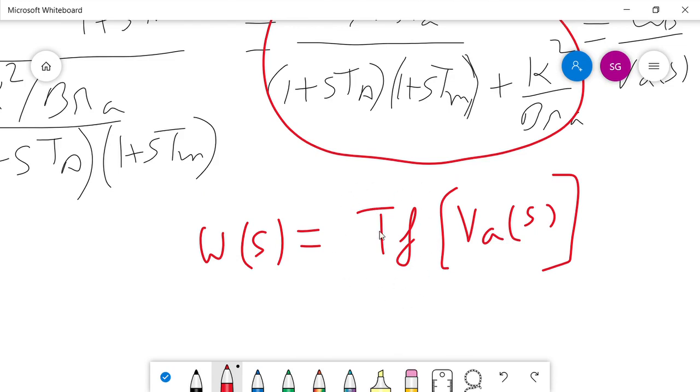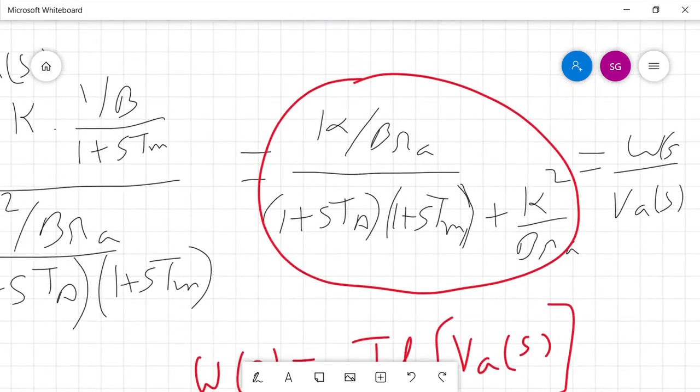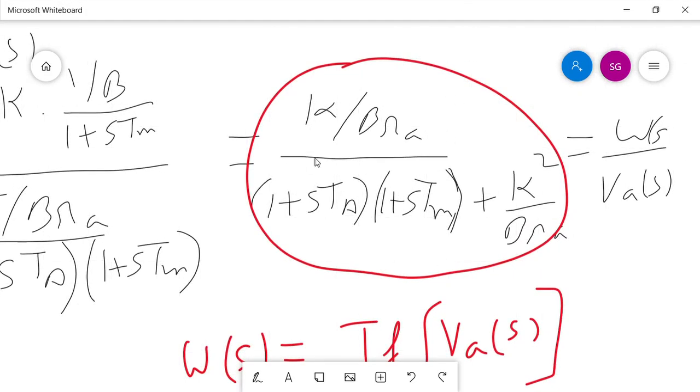Okay, so this TF is multiplied to this VAS, and what is this TF? This is K upon BRA, 1 plus STA into 1 plus STM, plus this constant. This value K is constant, B is constant, RA is constant. Now just see these two things are multiplied: 1 plus STA and 1 plus STM. TA is in the millisecond range and TM is in the seconds range.